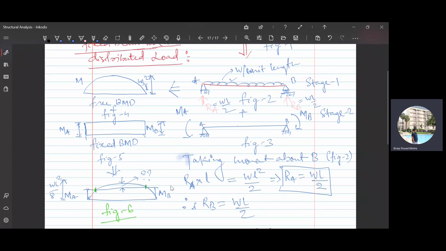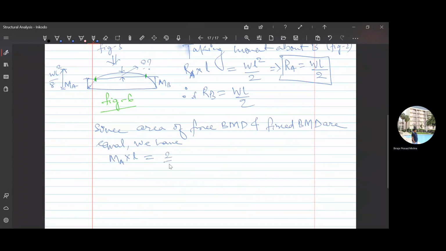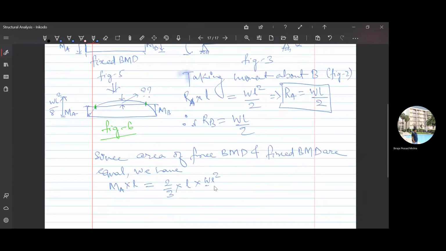So it is 2 by 3 into L into this magnitude WL square by 8. Okay. So MA into L equals to 2 by 3 into L into WL square by 8.